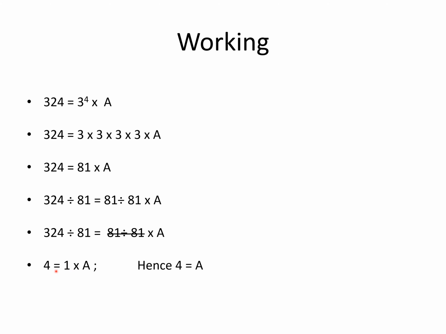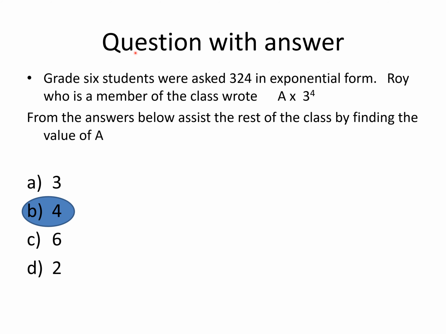And 1a is equal to a. 1 times anything is equal to itself. Hence, we get the answer 4 equals a, right? So now that we have our answer, what we do is go to the question where the answer is, and you look for the correct answer that is in the bracket, whether A, B, C, or D. Sometimes the question may ask you to circle, the question may ask you to tick.